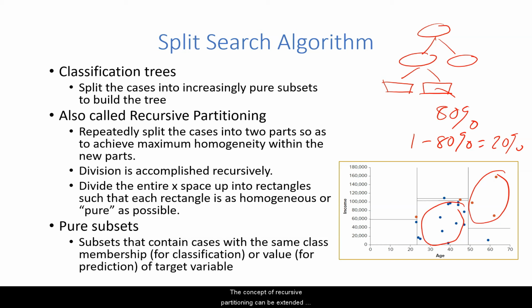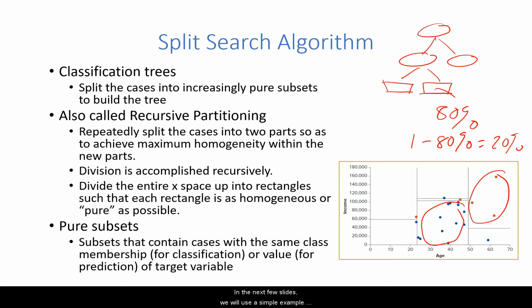The concept of recursive partitioning can be extended to more than 2 dimensions. No matter how many dimensions we have in the dataset, the split search algorithm will divide the entire X space up, either horizontally or vertically, to create rectangles so that each subset is as homogeneous or pure as possible.